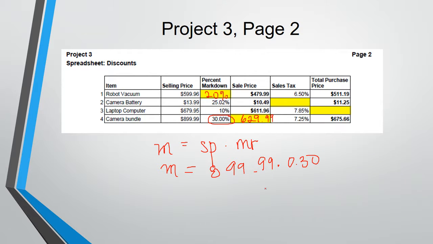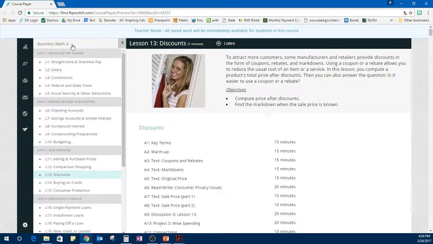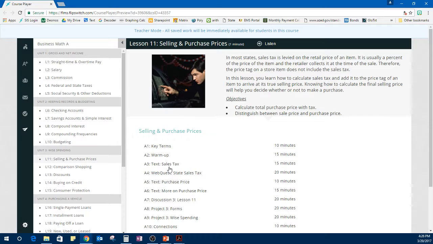Alright, so that were two ways of solving for the sale price. Next one is the sales tax or sales tax rate, better yet. You can find how to find it on lesson 11, activity 3, called the sales tax.